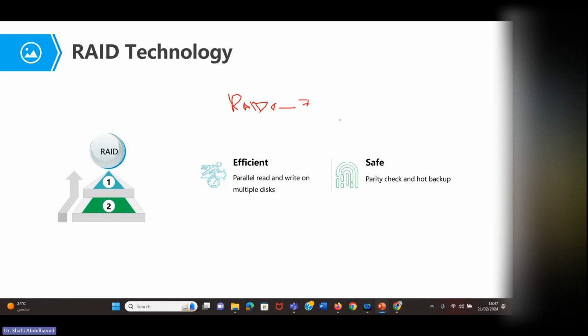If you combine RAID 1 and RAID 0, you're going to have RAID 10. If you combine RAID 1 and RAID 5, it will be RAID 15. If you combine, for example, RAID 1 and RAID 2, it will be RAID 12. So that's how it is actually.